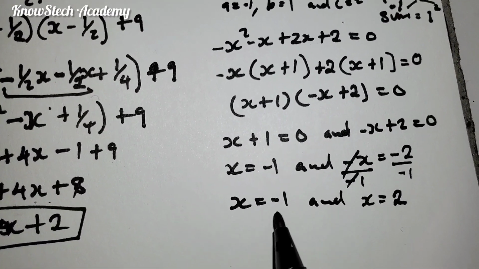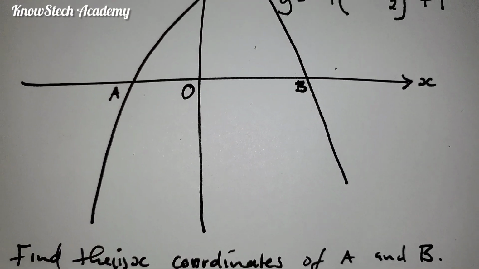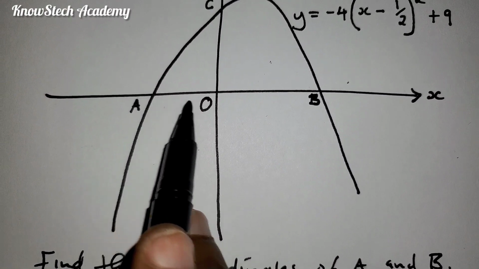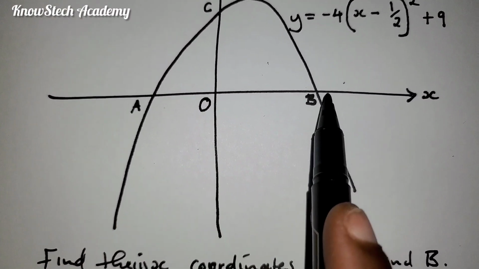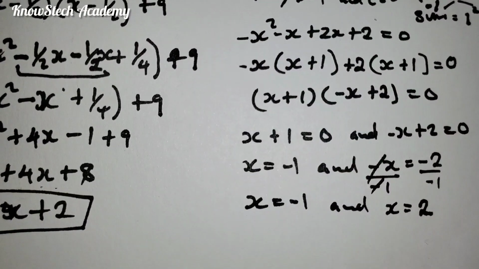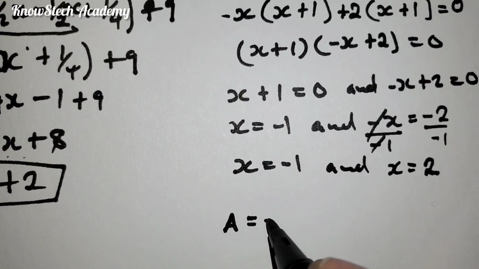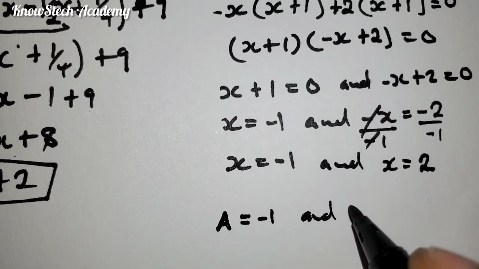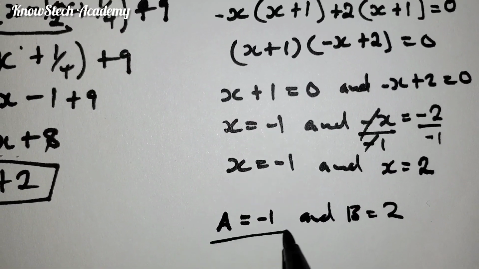So we have negative and positive. Getting back here, A is on the negative side, B is on the positive side. So automatically A is negative 1 and B is 2, and these are the roots.